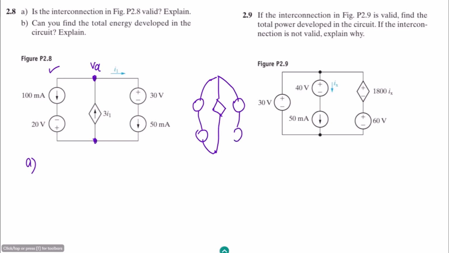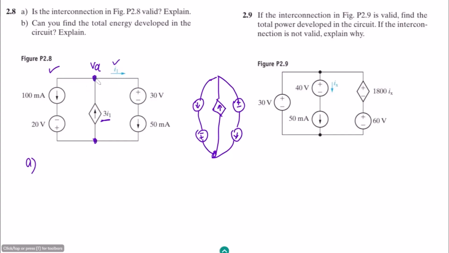So this is the current source, the voltage source, the current source here as well, and the voltage source, and this one is dependent upon this I1, and therefore this one is the current dependent current source.